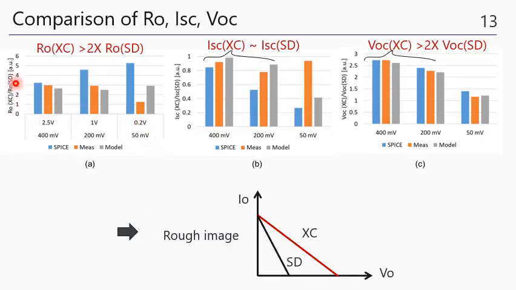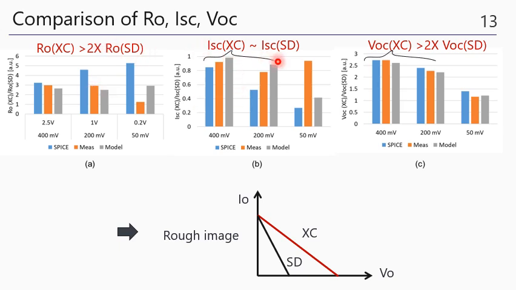And here's the ratio between the SD and XC for RO, ISC, and VOC. Roughly, the RO of XC is 2 or 3 times that of the SD.